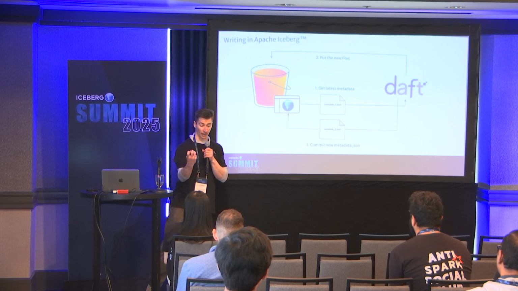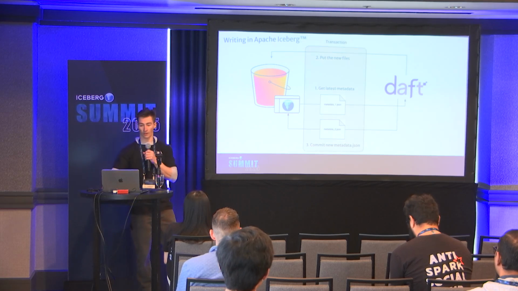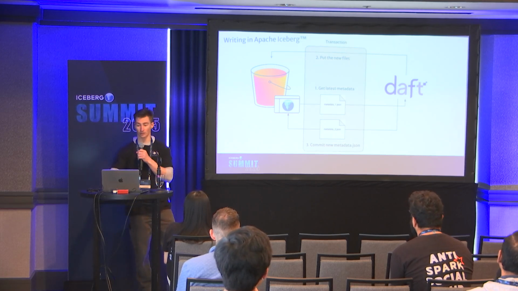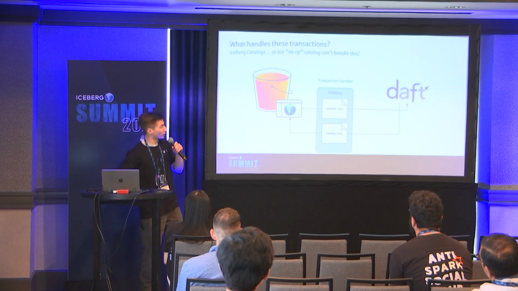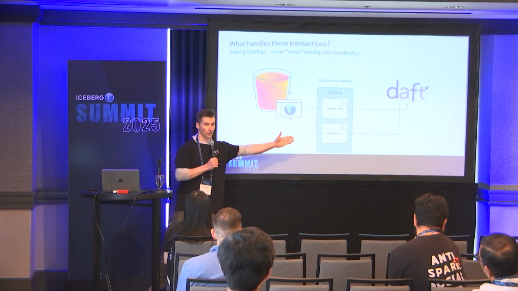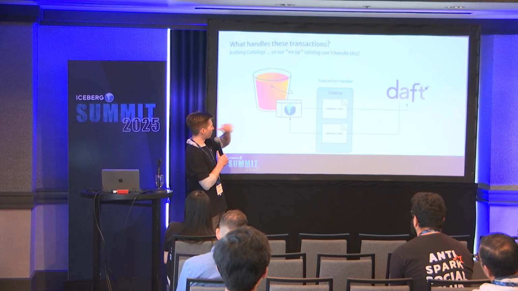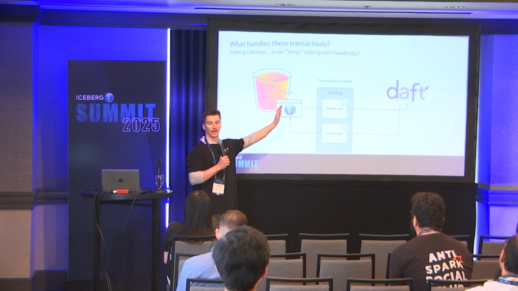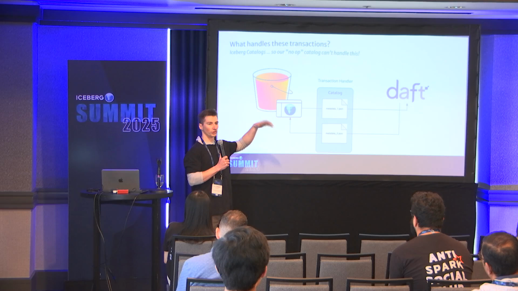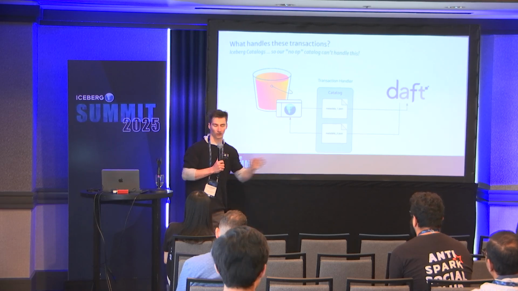You have to compute and say, here are all the things that have changed, write it, put it, and then commit. That whole thing is the transaction. And the transaction is handled by the catalog, particularly an Iceberg catalog. Because we're just reading this metadata file directly, where you have a static table, we don't have an Iceberg catalog.